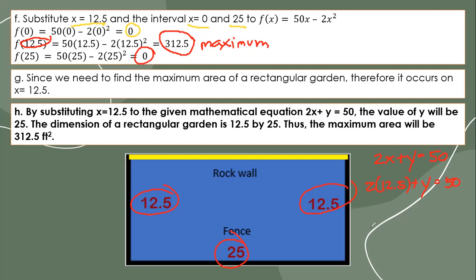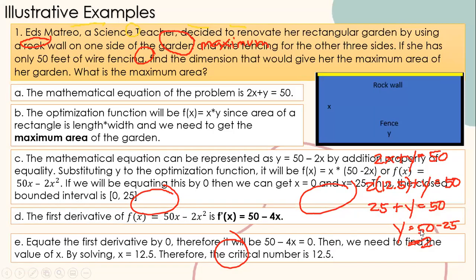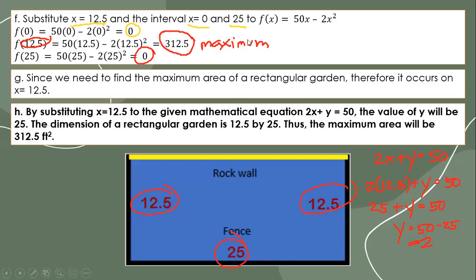So 2 times 12.5 is 25. So this is 25 plus y is equal to 50. Y is equal to 50 minus 25. We get the answer of 25.